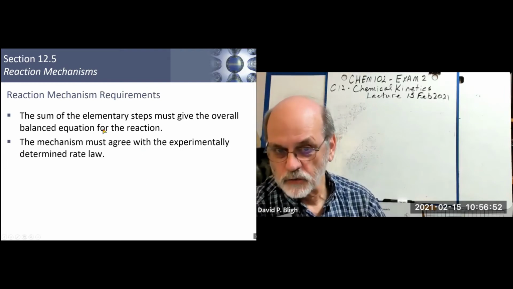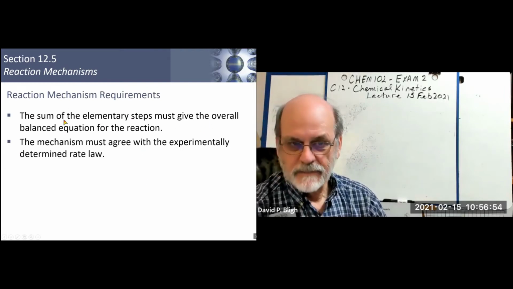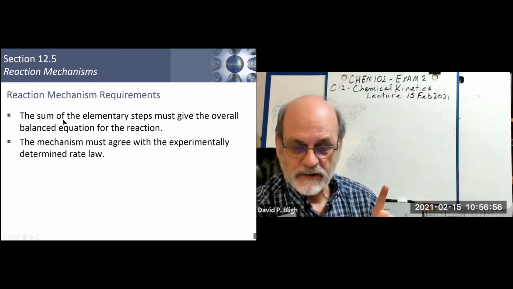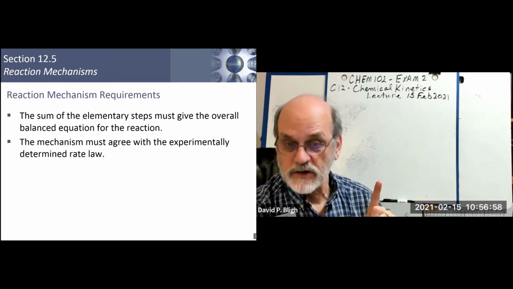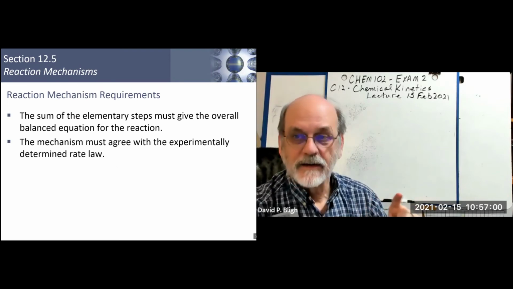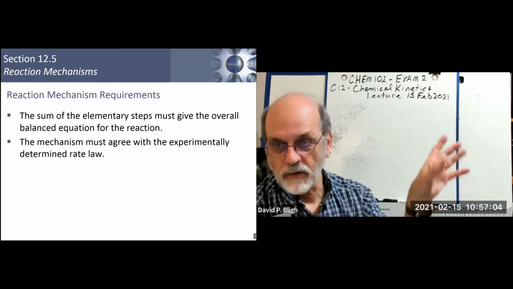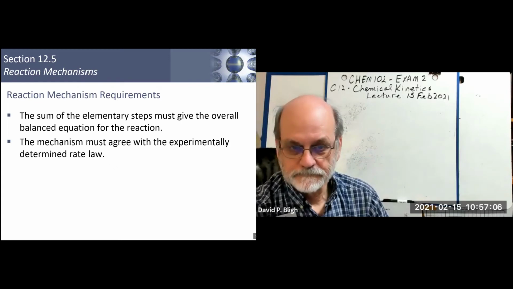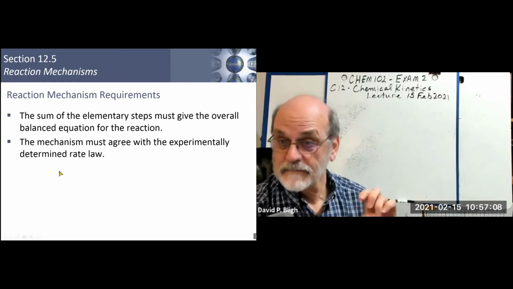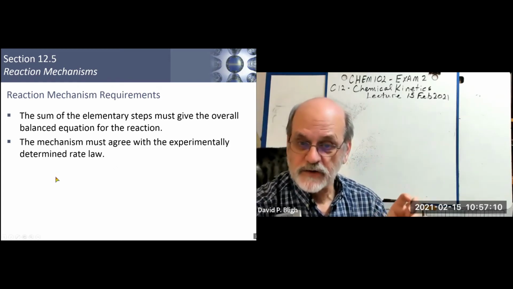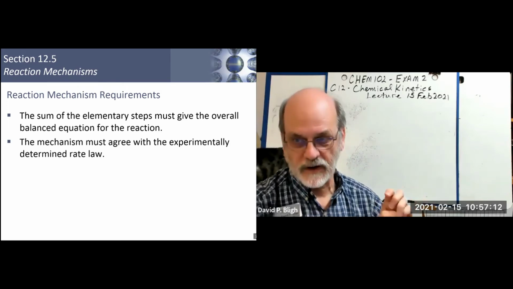I mentioned this rule first. You have to be able to sum up the elementary steps and get the overall balanced equation. If you can't do that, then that mechanism is invalid. Throw it out. And then the mechanism also must agree with the experimentally determined rate law.